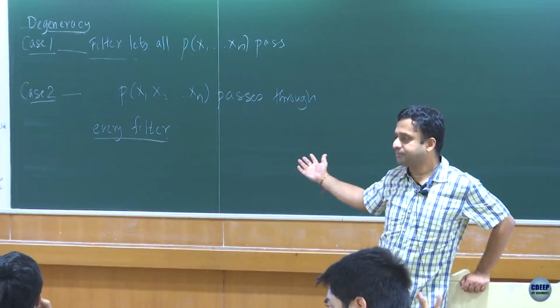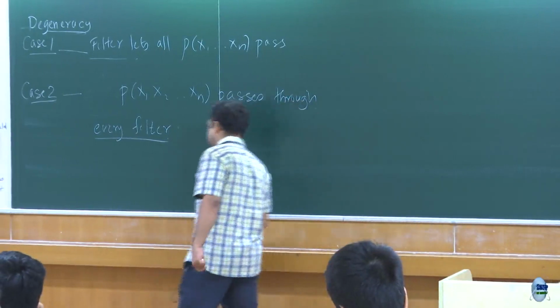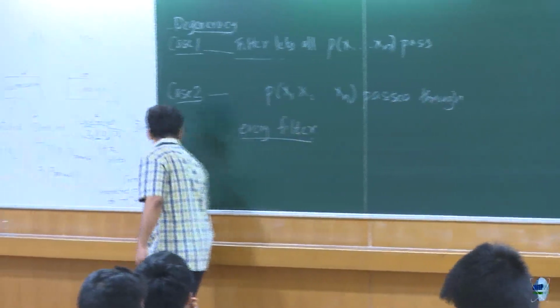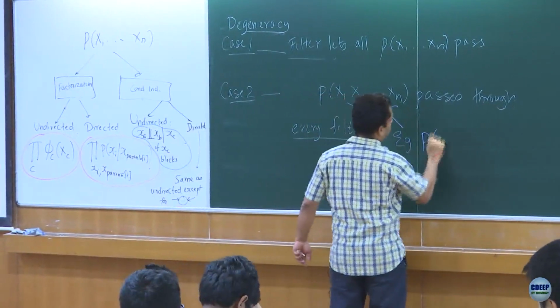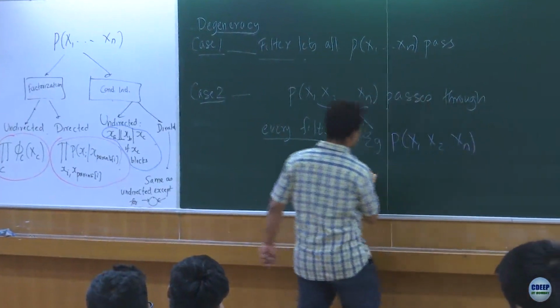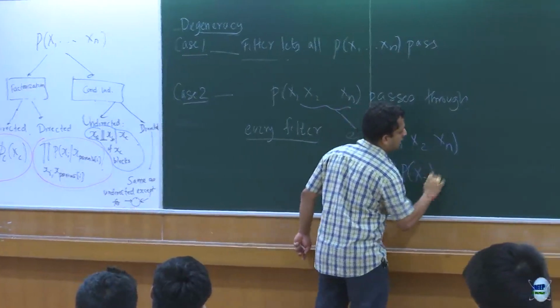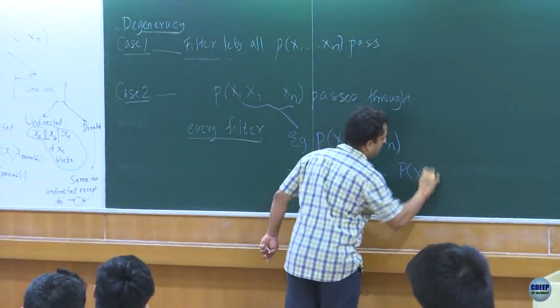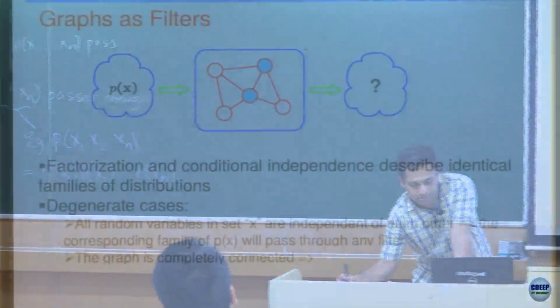Degenerate distribution. So in this case, P of x1, x2, ..., xn equals P of x1 into P of x2 into P of xn. So this is case 2.